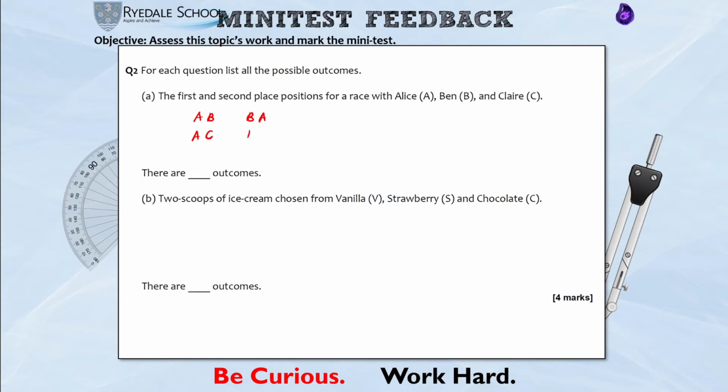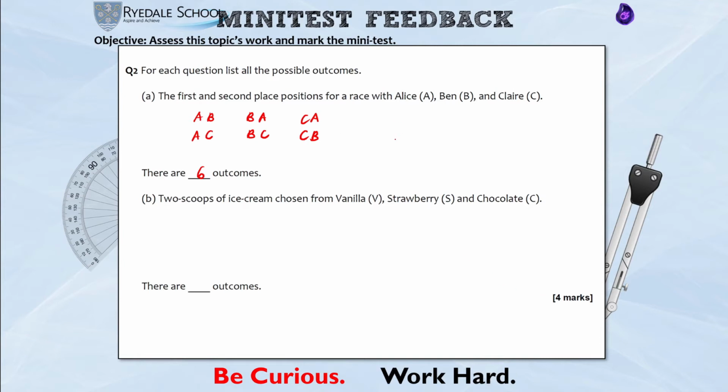All the different combinations with different people coming first and second. And there are 6 outcomes. Now you can't have things like AA in this example because Alice can't come first and second. So it's combinations of 2 different letters in all of the different orders.